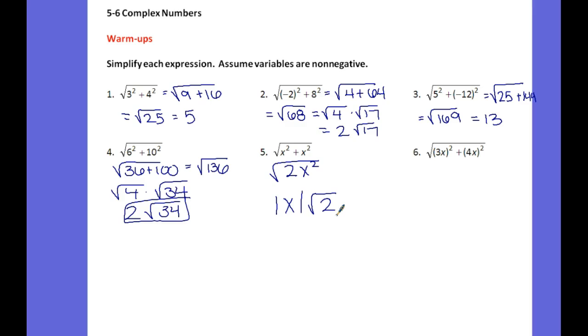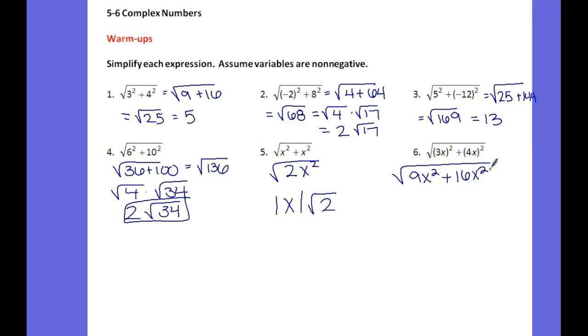Okay, when you square a whole parenthesis, you square both things in the parentheses. So that is like 3 squared, which is 9, times x squared, plus 4 squared times x squared.